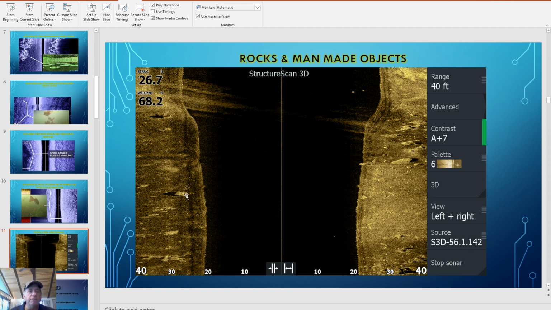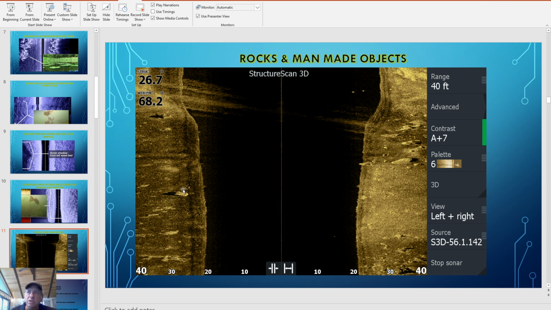Well, rocks give off very strong returns, and if you notice, on the left-hand side of that rock, there's a rather large shadow. Again, the sonar energy comes down from the transducer and then outward in this direction, strikes this rock, is reflected back up through your transducer to your head unit where it's processed and that image is displayed.